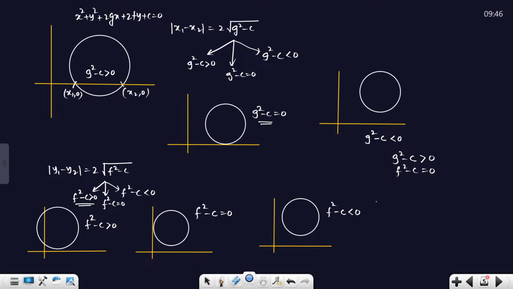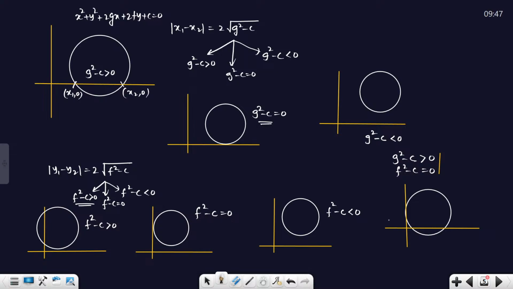So how will your circle look in that case? The circle will look something like this. It is intersecting the x-axis and it is touching the y-axis. Are you getting my point? So for this condition of the circle, the conditions are g square minus c is greater than 0 and f square minus c is equal to 0.